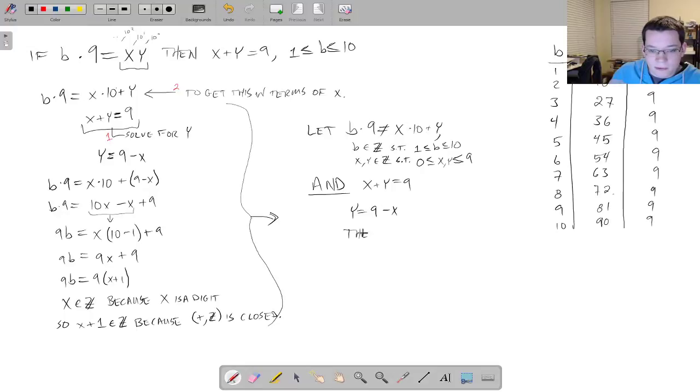Then b times 9 does not equal x times 10 plus 9 minus x.